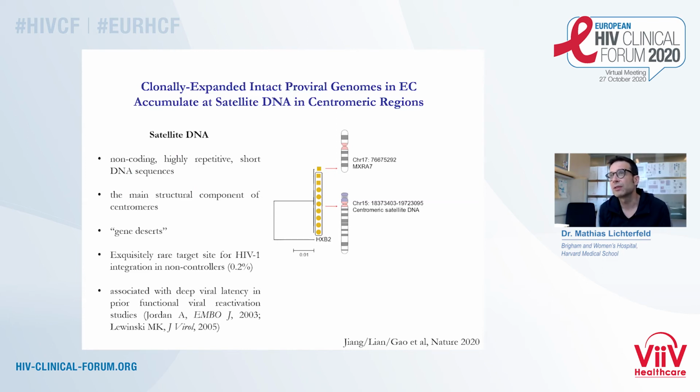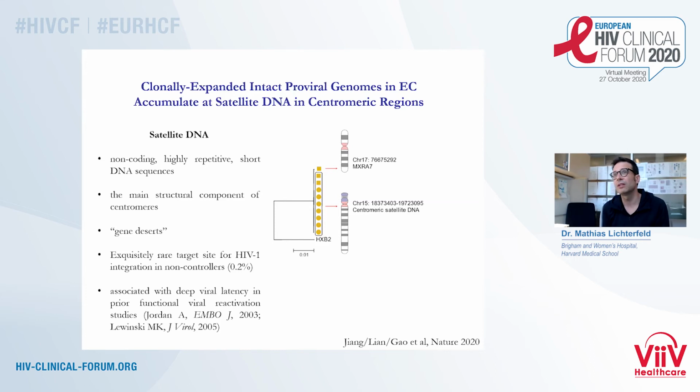So this centromeric region, it's also called satellite DNA, and we find that this location is very atypical in non-elite controller patients. In the vast majority of ART-treated patients, HIV is actively avoiding this region, and it's not integrating in this region. This is a region that doesn't encode for any genes. That's mostly structural, non-coding DNA.